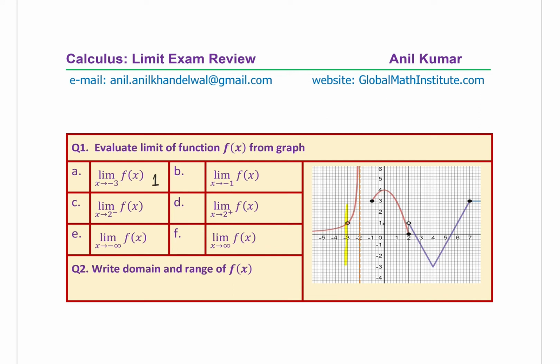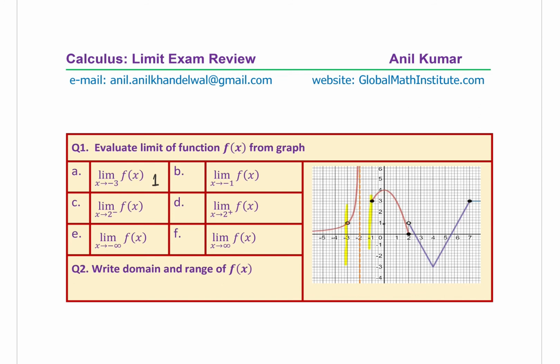For b, so b is for minus 1. So when you are approaching minus 1 from left side, what is the limit? And from the right side, what is the limit? Okay. So question B is find limit of f of x when x approaches minus 1. So minus 1 is this particular point.